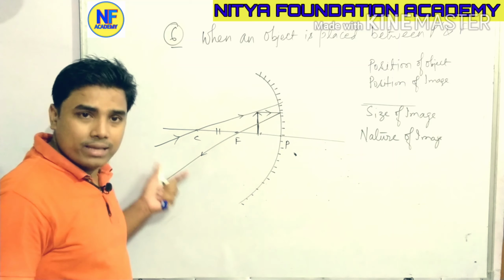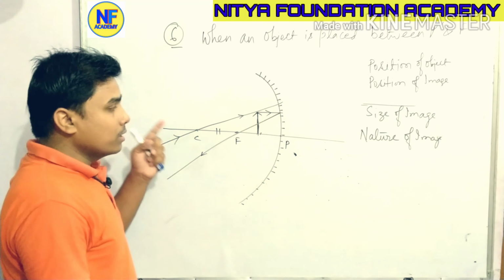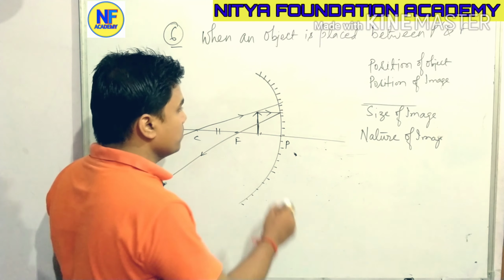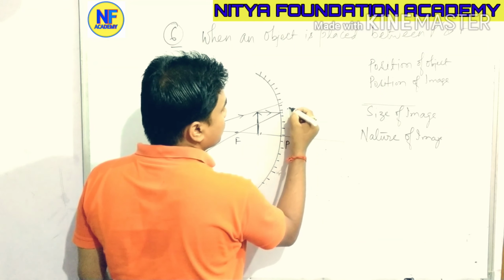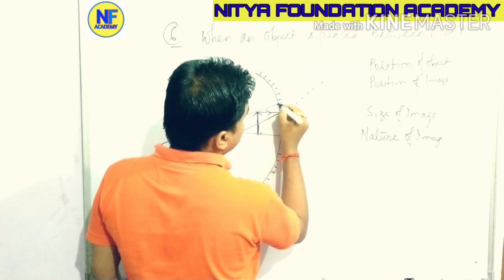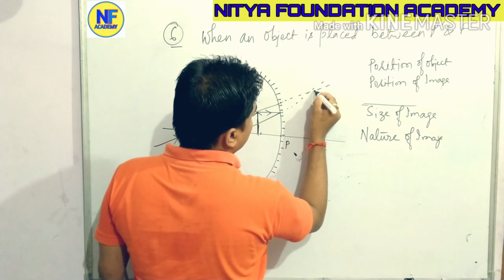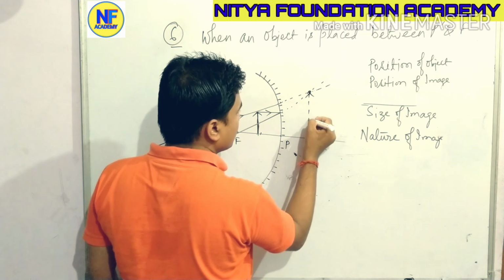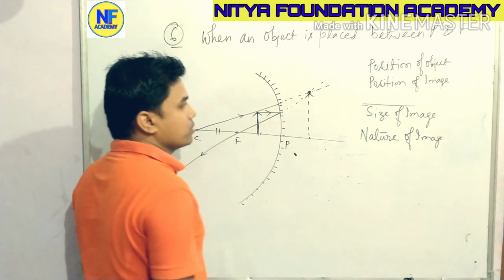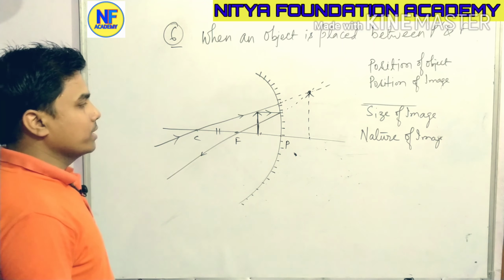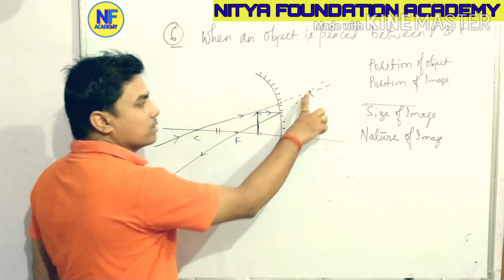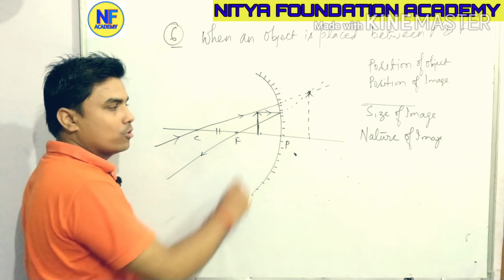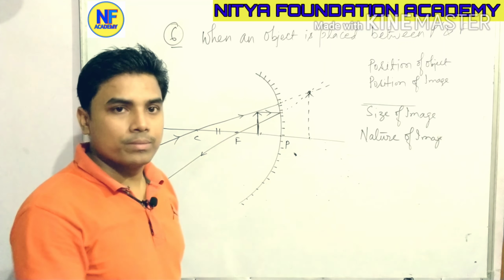And for this reason the rays will make a virtual image, and that virtual image will be made here. The point where this image is formed is the virtual image. So you can see the object size, and you can see the image size. The image size is bigger than the size of object, so we are able to collect some information here.